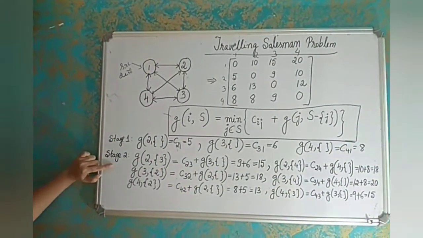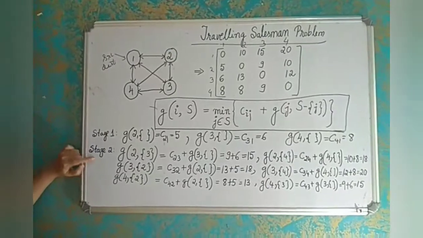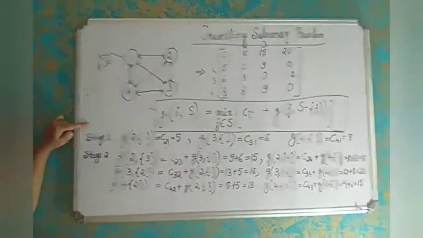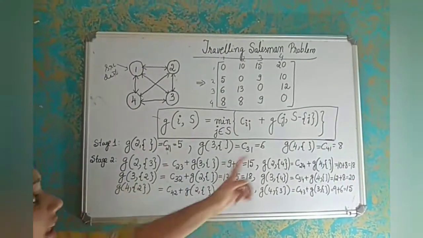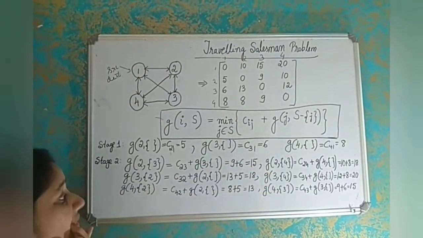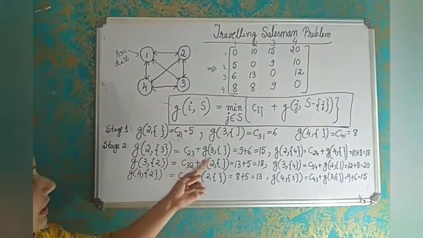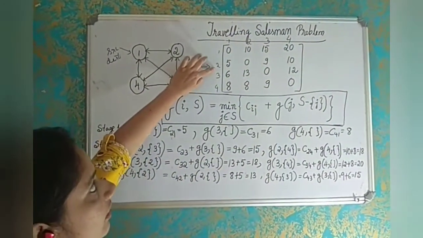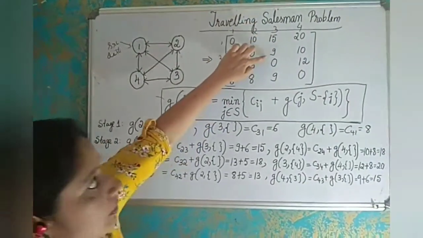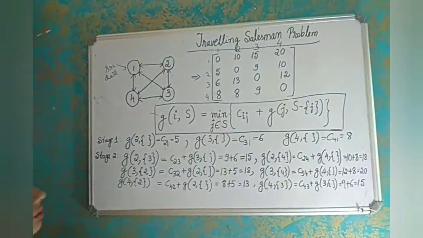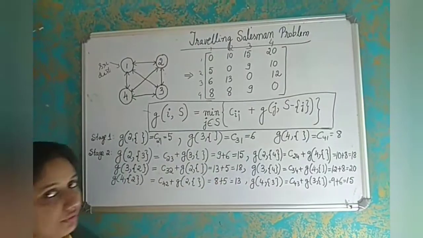Now in the second stage we are making use of the values we calculated in stage 1. That value is 6. Now I can substitute C23, we know 2 is here, 3 is here, so the corresponding value is 9. So 9 plus 6 is equal to 15.